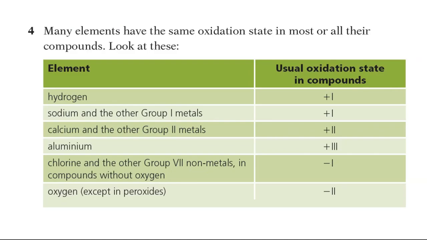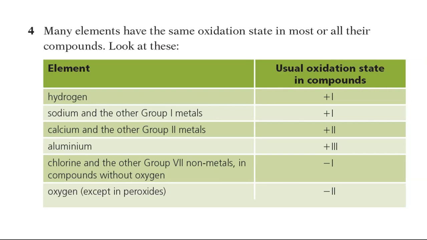Rule number 4. Look at this table. Many elements have the same oxidation state in most or all their compounds. This table given below indicates some elements and their oxidation state in compounds. Hydrogen oxidation state in compounds is +1.